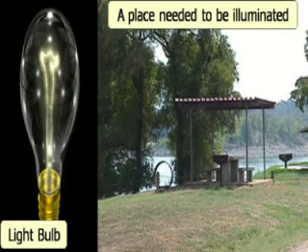So the example presented in this video is, as you can see on the screen, that we have a certain place that needed to be illuminated, and we will use electrical light bulbs to accomplish this task. So the question arises: what is the best arrangement for these light bulbs to cover the maximum volume, the maximum area with minimum amount of energy?